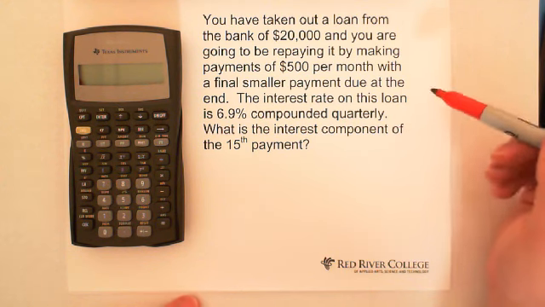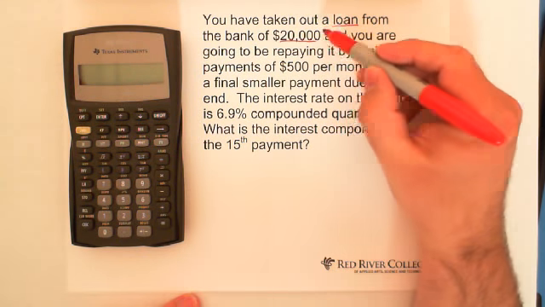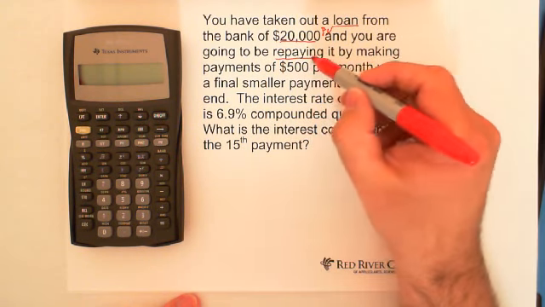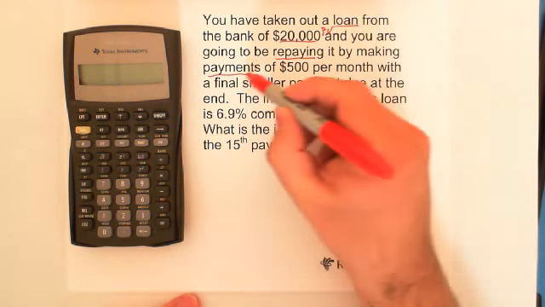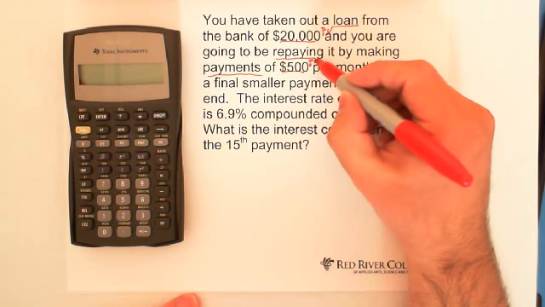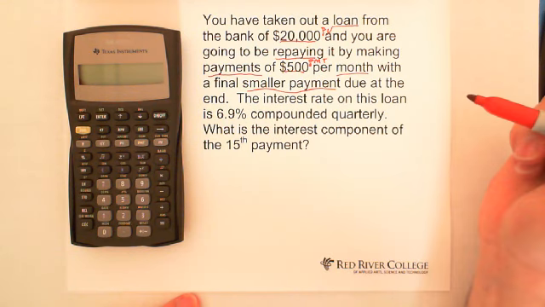So if we go back to the top, the first thing it talks about is a loan of $20,000, so that's going to be our present value. And then it says you're going to be repaying it by making payments of $500 per month. So this is our PMT, with a final smaller payment due at the end.